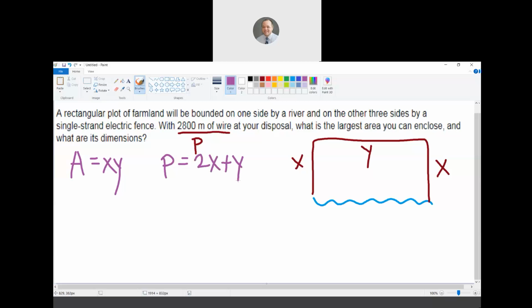Now, eventually we'll need to take the first derivative, but in order to do that, we need the same letter throughout. So let's use the perimeter formula and get one of our letters by itself.